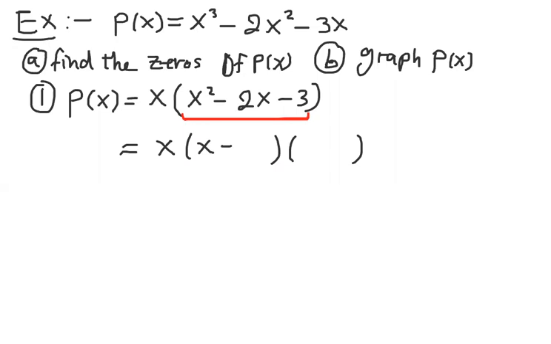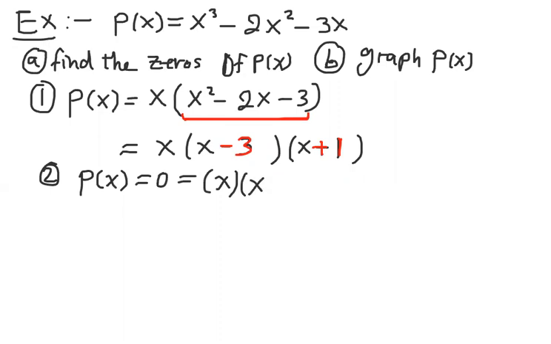It is -3 and 1, so x minus 3 and x plus 1. So now we can factor b of x. Second thing, b of x equals 0 means x times x minus 3 times x plus 1 equals 0.